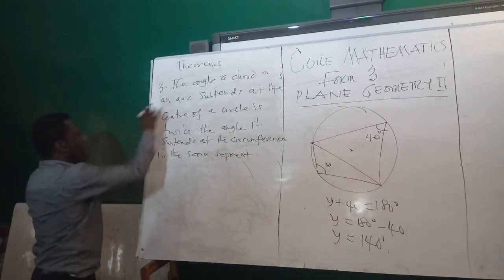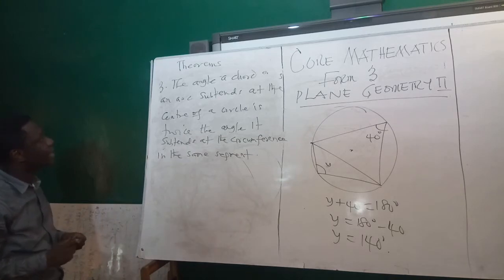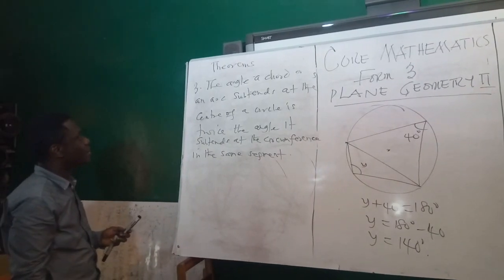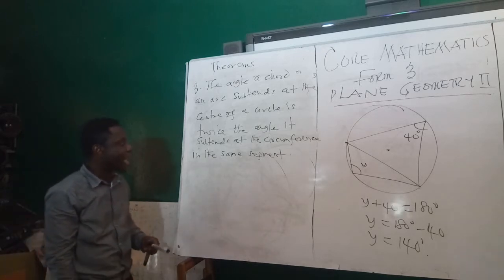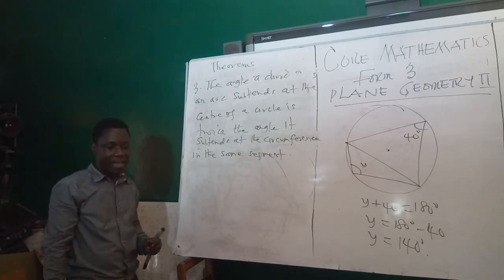Right, so the angle a chord or an arc subtends at the center of a circle is twice the angle it subtends at the circumference in the same segment.